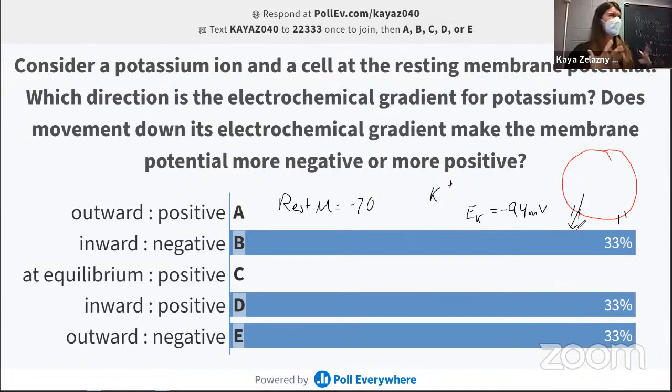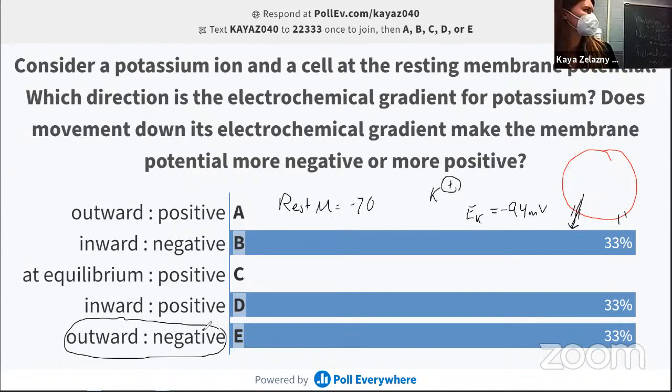That's why we had that sodium potassium pump maintaining our chemical gradients. So when the positive charges move out of the cell, that would make the cell more negative. So we should have picked this answer E. The force is out, which would make the membrane potential more negative. Any questions about that?